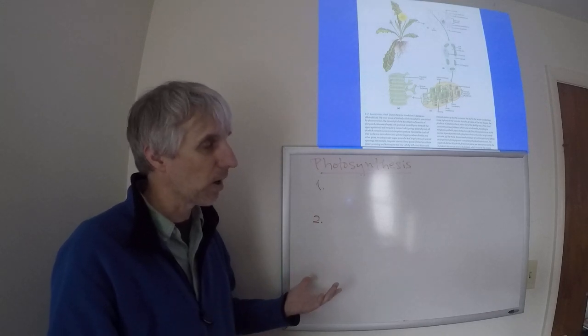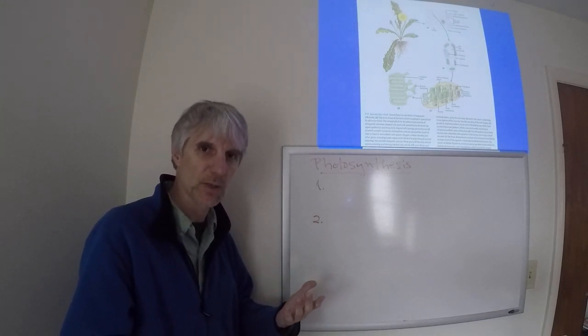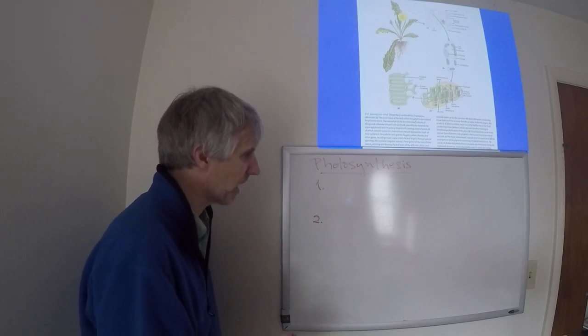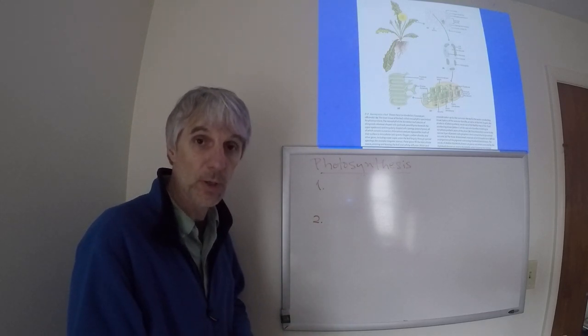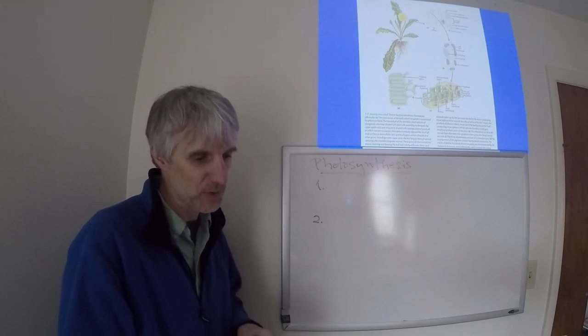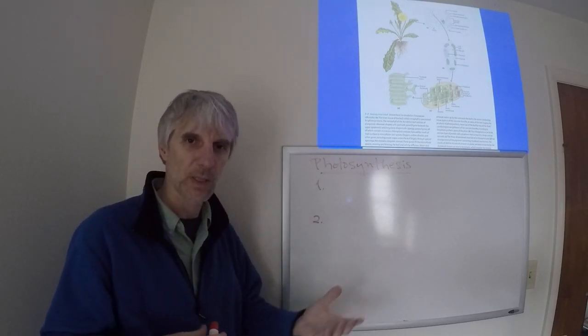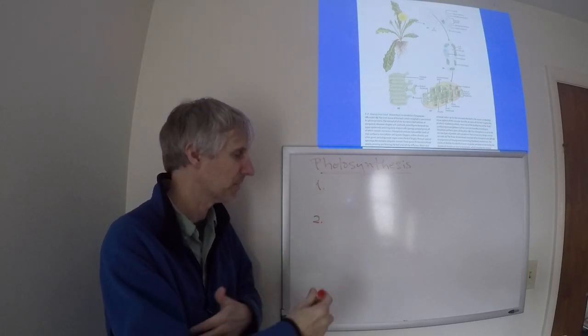I need to show you all of the terms because they're all used depending on how old the person is that you're talking to. Even your textbook by Brooker, who is in fact a botanist, has a photosynthesis chapter riddled with these different terms because he's trying to include all of them at the same time.